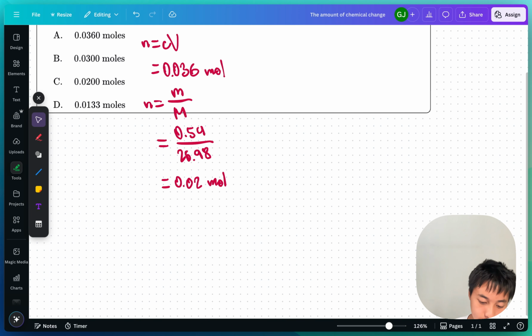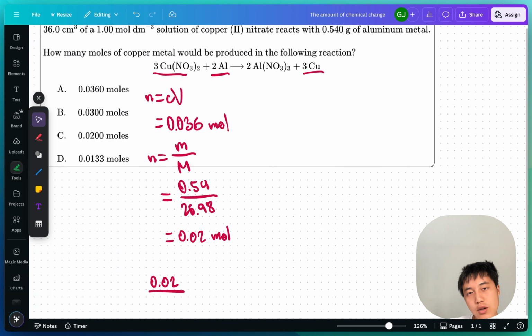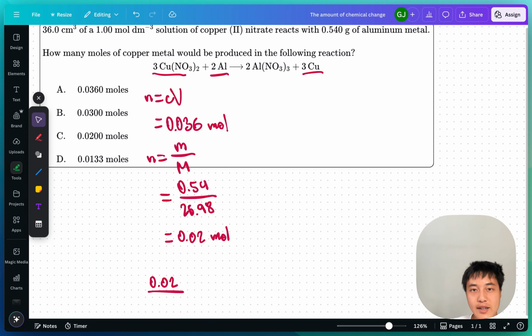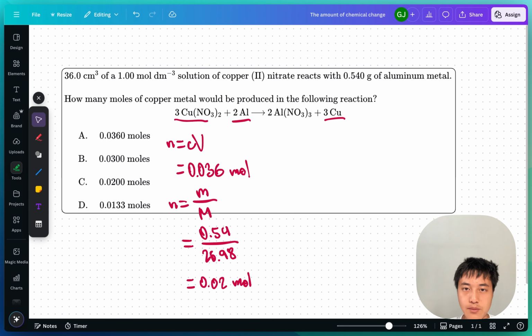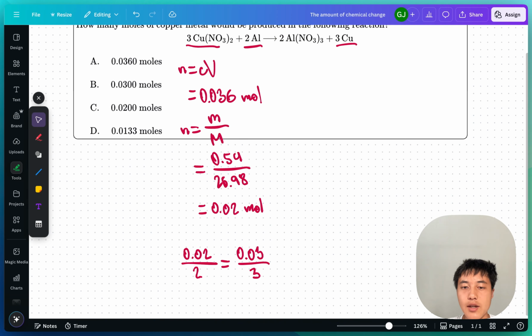And one way to do that is to just write down this ratio. So if we had equal amounts and there was no excess amount of reactants, this would be the ratio for aluminum, and this would be the ratio for copper nitrate.